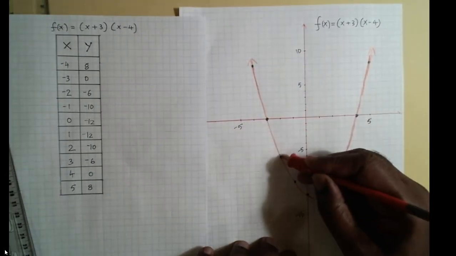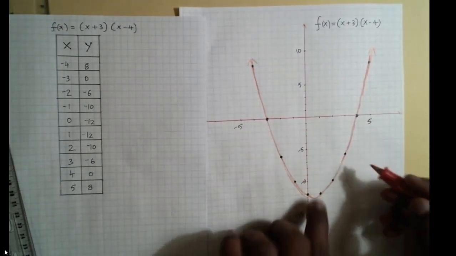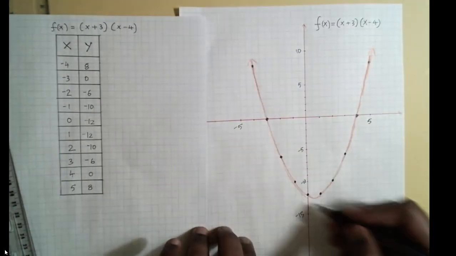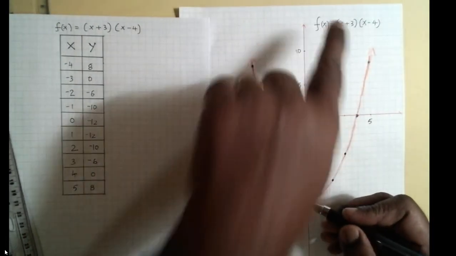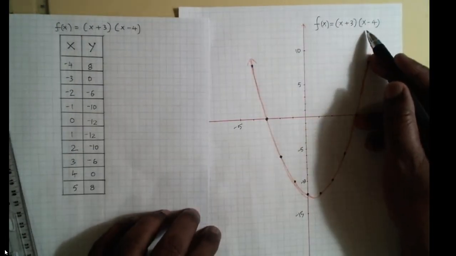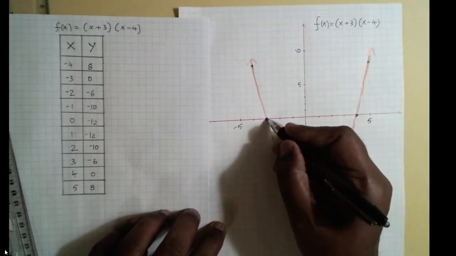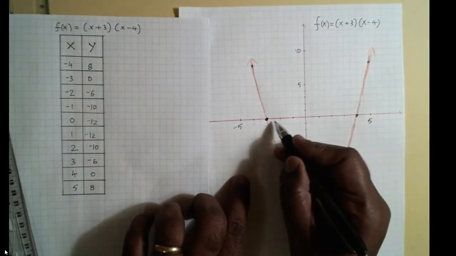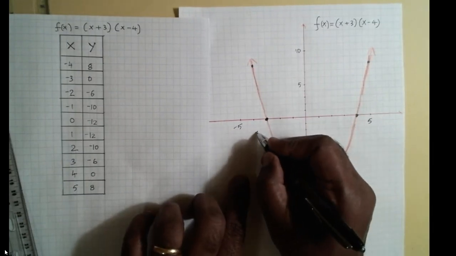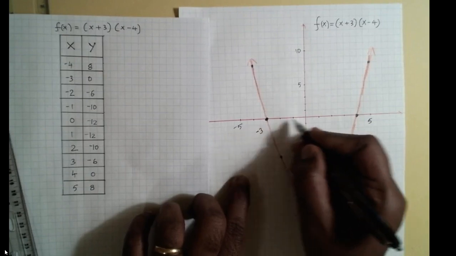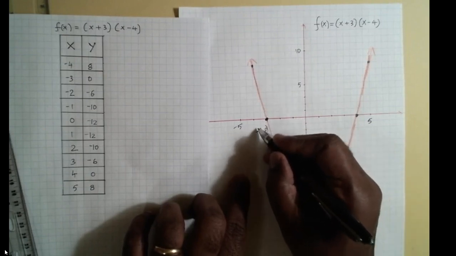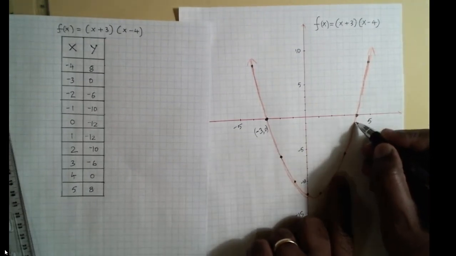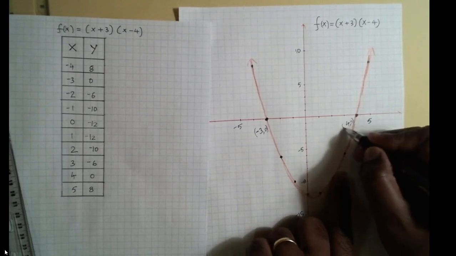The most important things are your x-intercepts and of course the y-intercept. The graph of the function f of x is equal to x plus 3 times x minus 4 intersects the x-axis at x is equal to negative 3. When the value of x is negative 3, y becomes 0. And similarly here, at x is equal to 4, the value of y is 0.